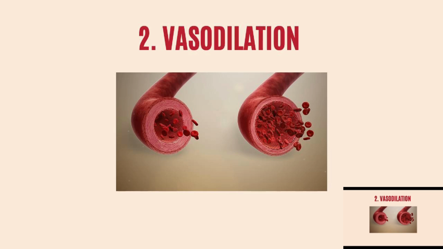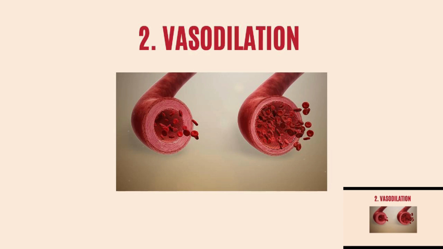So here you can see this thick lining of the blood vessels, and they need to get across that. The way they do this is they release different molecules. One of the molecules that they release is called nitrous oxide, and this interacts with the blood vessels. Once it interacts with the blood vessels, it causes blood vessel dilation.